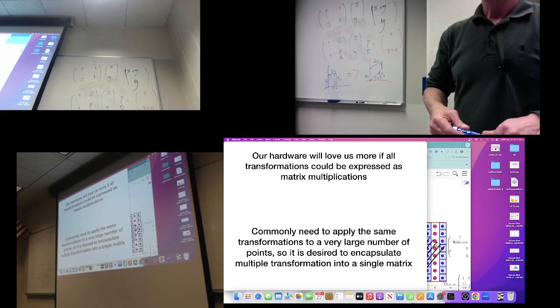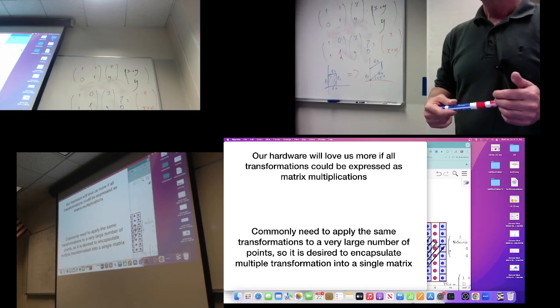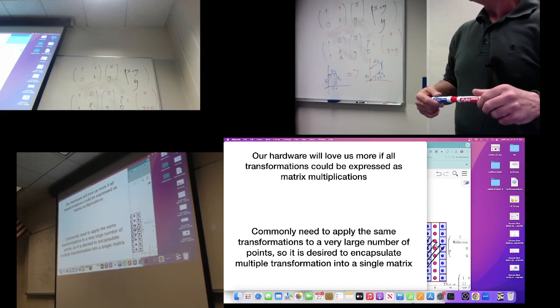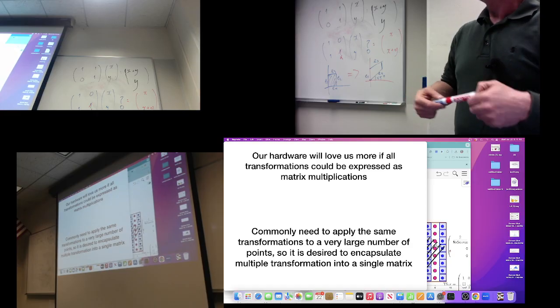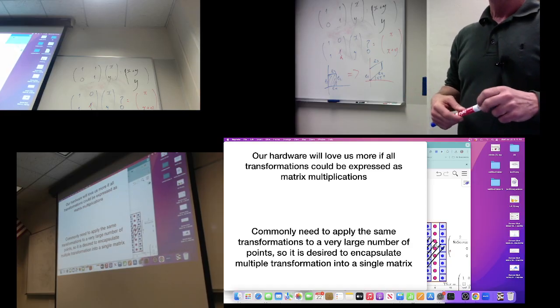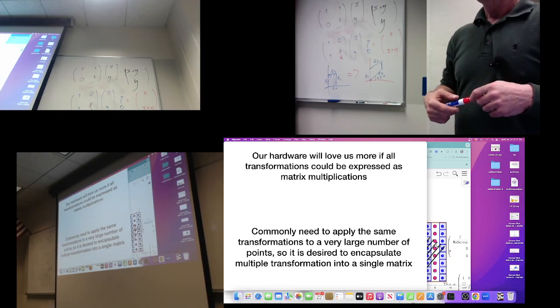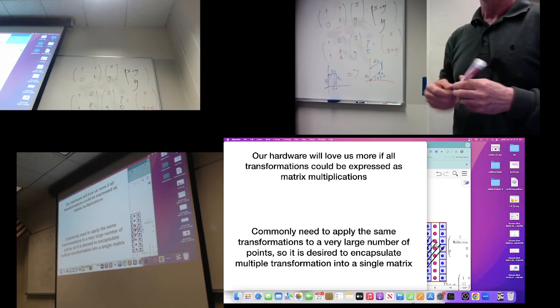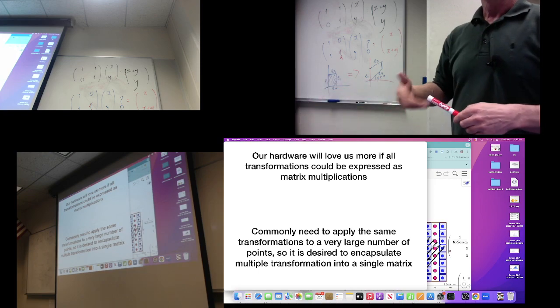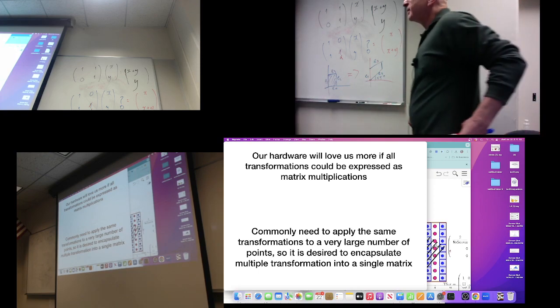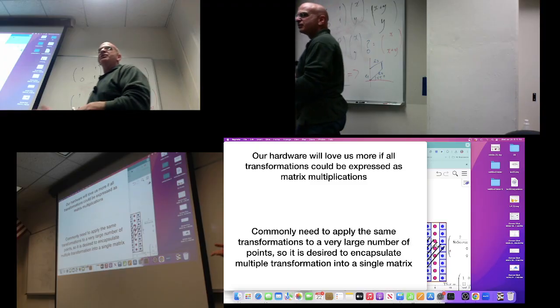Why my obsession about matrices? Not my obsession, graphics obsession. You all know the answer, but here it is written. Your hardware is well optimized to do multiplications of vectors by matrices. It can happen in parallel. A lot of the operations are already burned into your CPUs, GPUs.